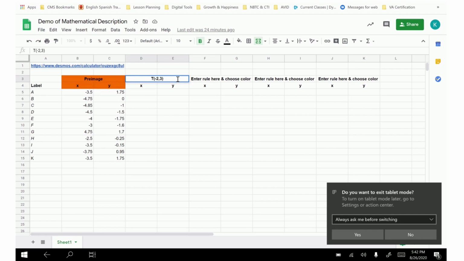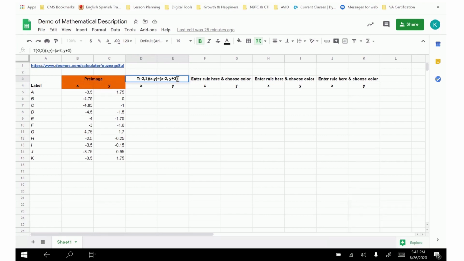Now what's supposed to go in the parentheses is actually xy, so I'm going to put xy in parentheses equals x minus 2 for 2 units to the left, and y plus 3 for 3 units up. I just finished typing my function rule.